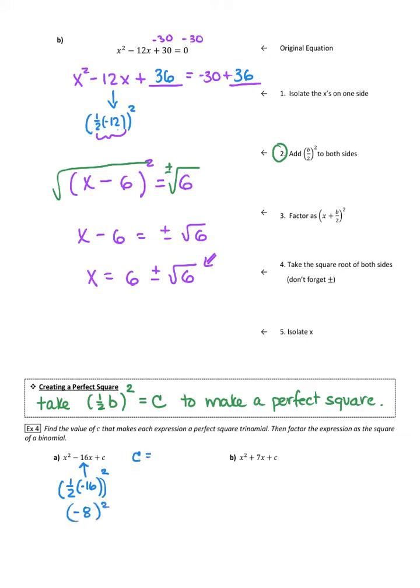So C will equal 64. So what we have here is x squared minus 16x plus 64. And if you had to keep going to just show what would it factor into, this would be x minus 8 squared. You always pull whatever's inside the parentheses there.